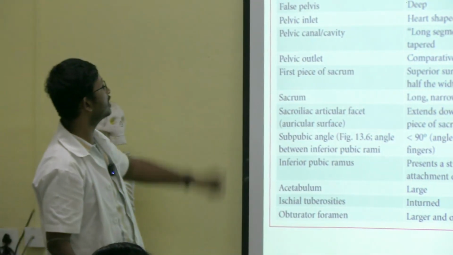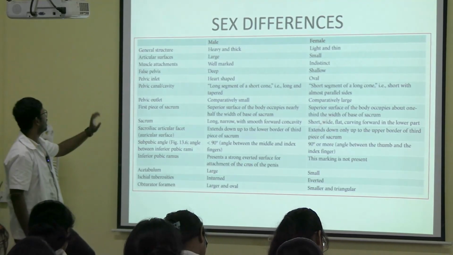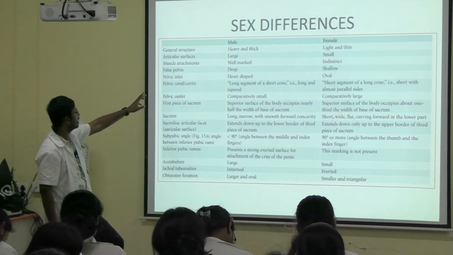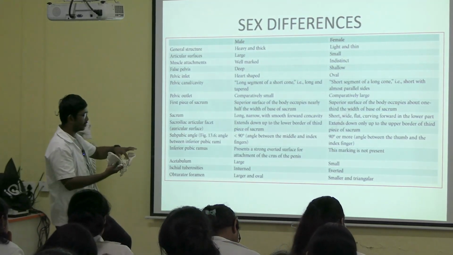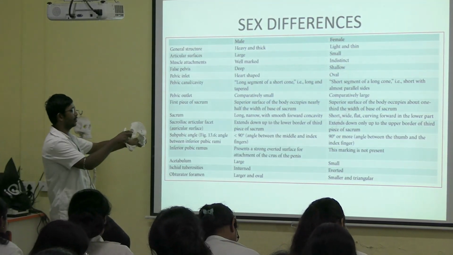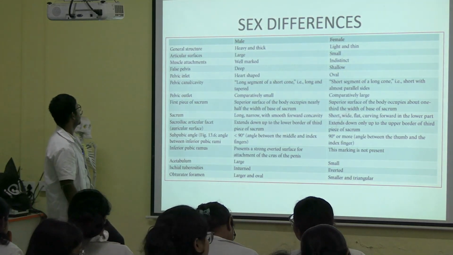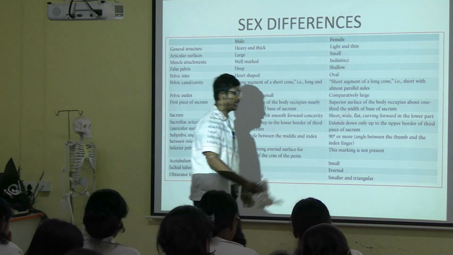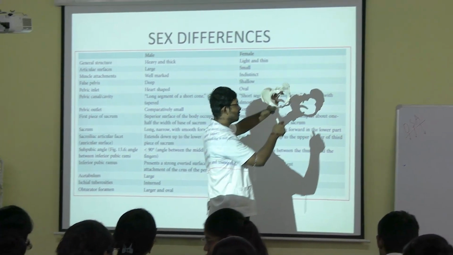Starting from the general structure, the female pelvis is light and thin, while the male is heavy and thick. The articular surface will be large in males: the articular surface of the sacroiliac joint and the acetabular notch will be large in males and small in females. Then the pelvic inlet will be mostly heart-shaped in males.